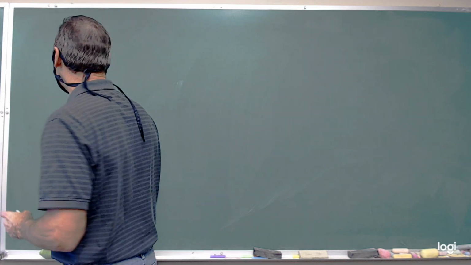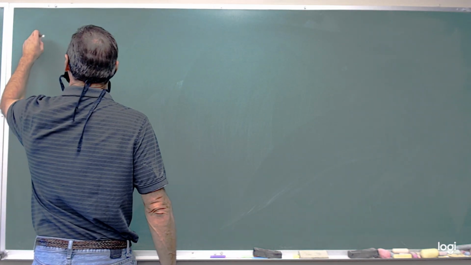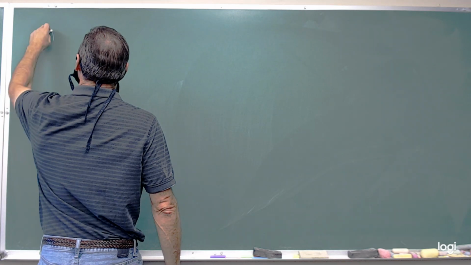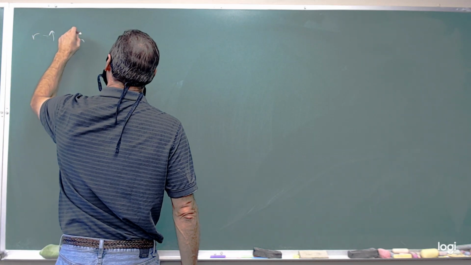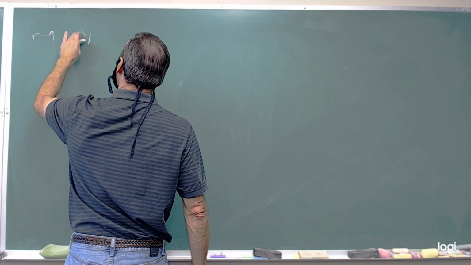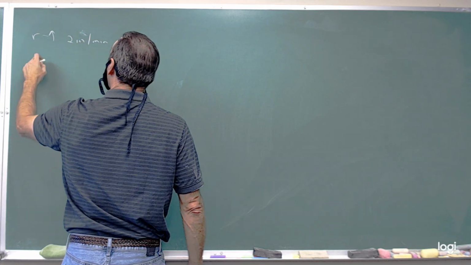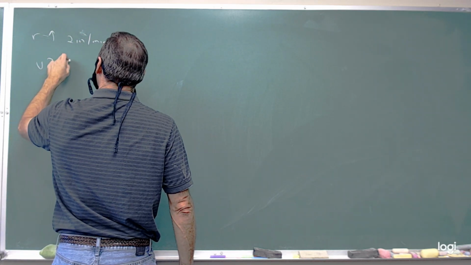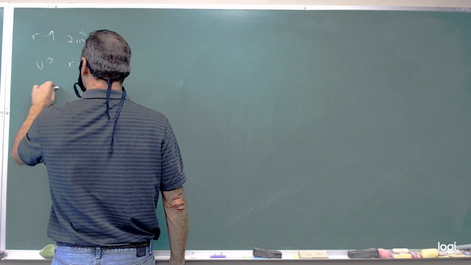The radius of the sphere is increasing at a rate of 2 inches per minute. Find the rate of change of the volume when the radius is 6 inches. And this is a sphere.